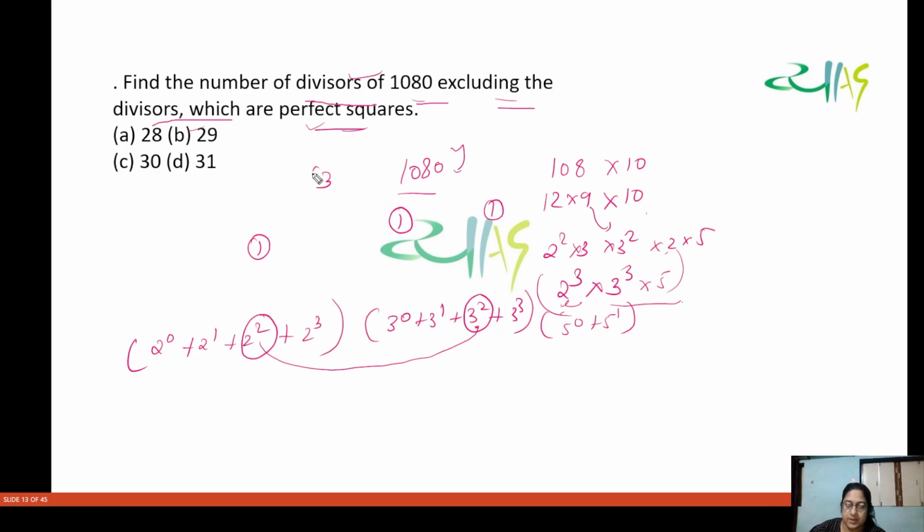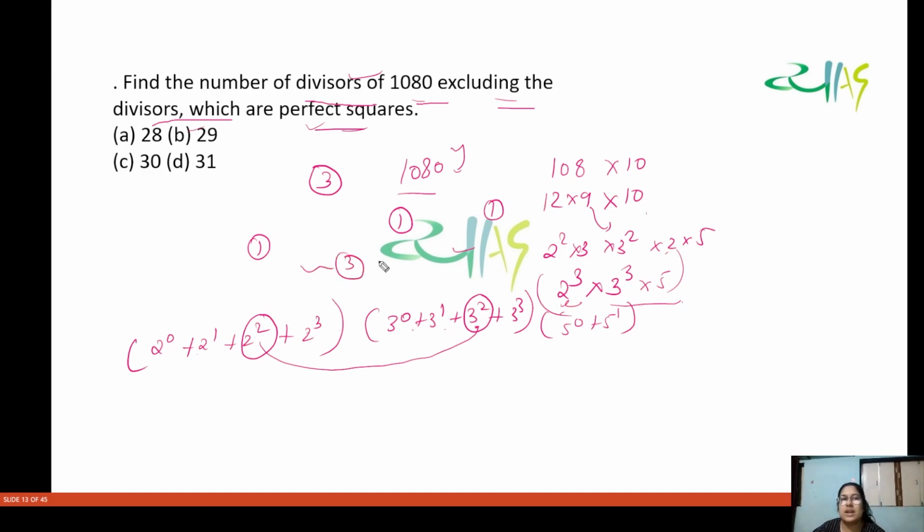So we got 3 factors as perfect square. Do we have any other chance that any other number can be a perfect square? No, I don't think so. Any other number is not a perfect square, and if it gets multiplied to any other number, that will also not become a perfect square. So now I come to know that we have 3 perfect squares here.